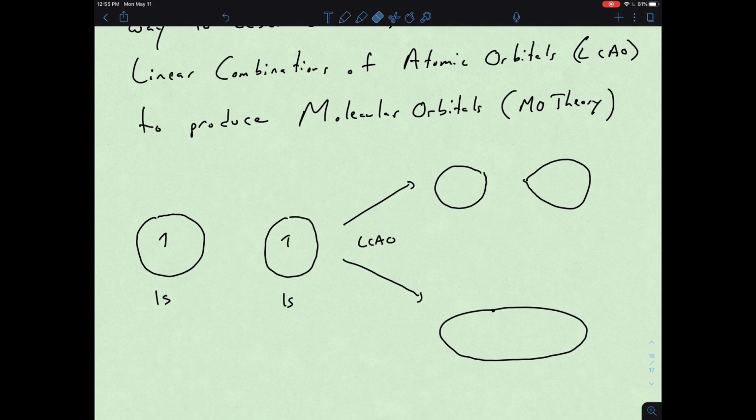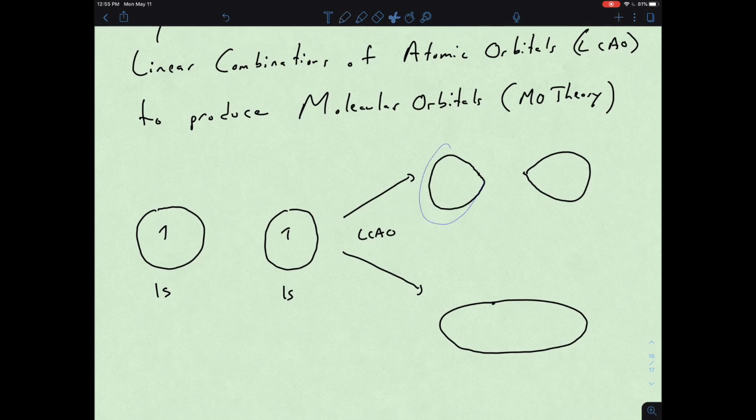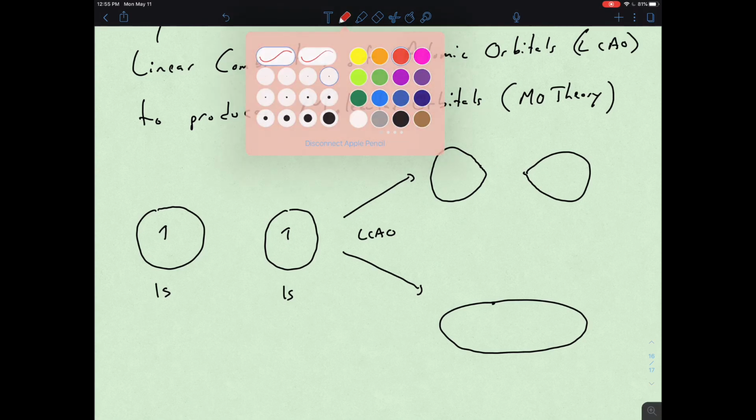There we go. You can see that they're pointing away from one another in terms of that relationship. So we have two bonding scenarios that can happen here.